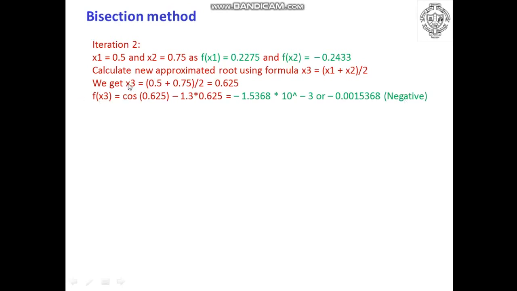So when you put the value of x3 in the equation, we get the answer minus 0.0015368, which is negative.